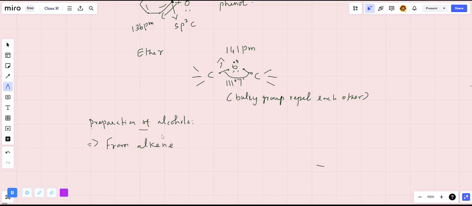From alkene, again under the heading of alkene, subheadings are there.